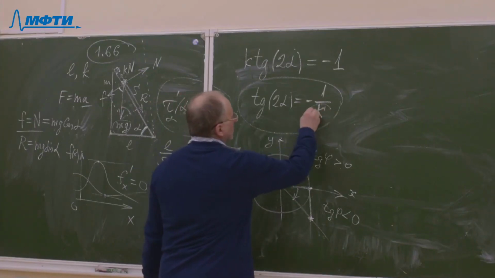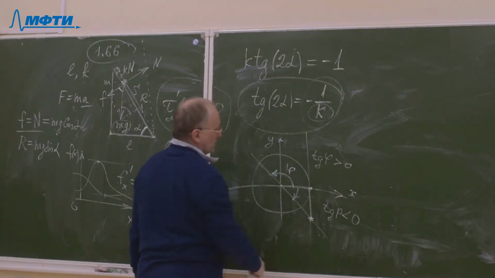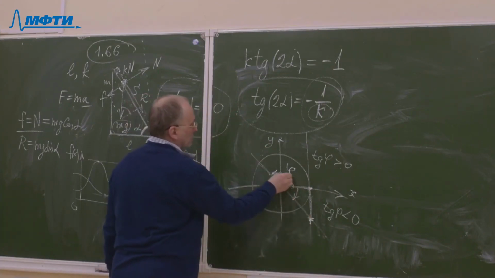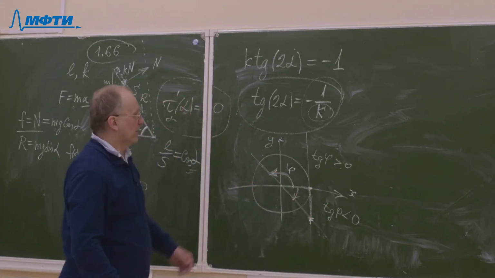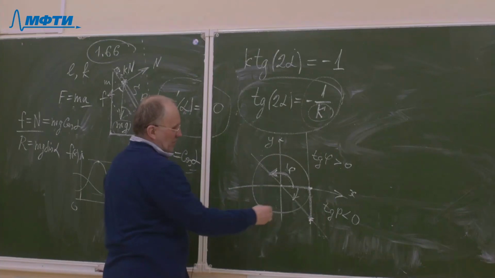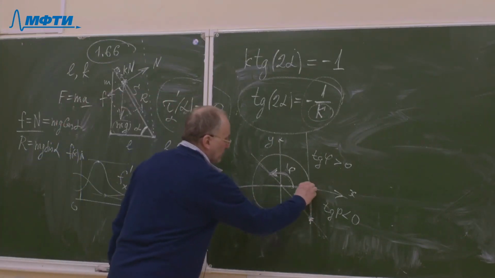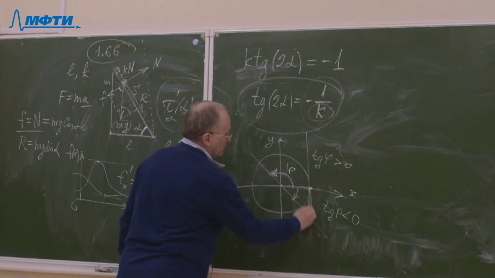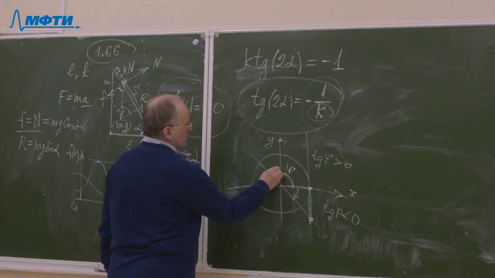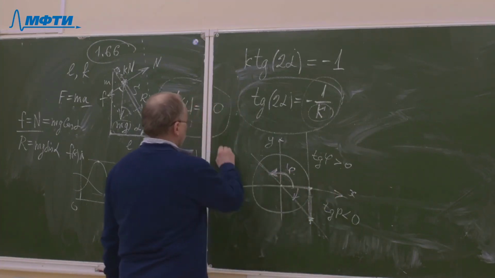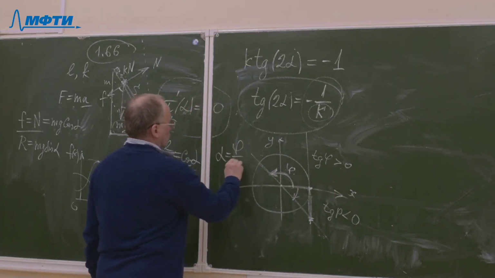So if we have some negative number here, which is known to us, k is known, k is given in the problem. So this quantity is known. We can find this quantity here, and we can draw this line, and we can find this angle just geometrically, also mathematically, but I want you to understand it visually. So if we know this section, the length of this section, then we know this angle phi, and then alpha will be equal to this angle divided by 2. Angle will be phi over 2.